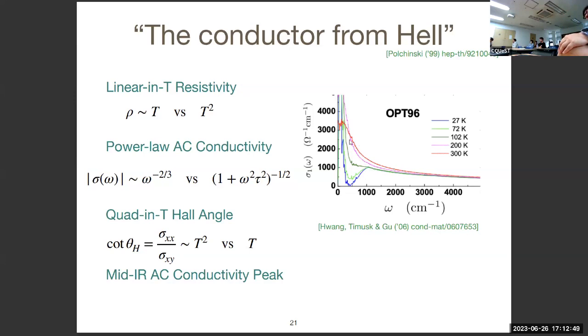Even here, where it's harder to see, this is not actually a Lorentzian. This is the superposition of a Lorentzian and a slight bump over here in the mid-IR, which you can find by simply subtracting the Lorentzian. So what is that mid-IR peak?